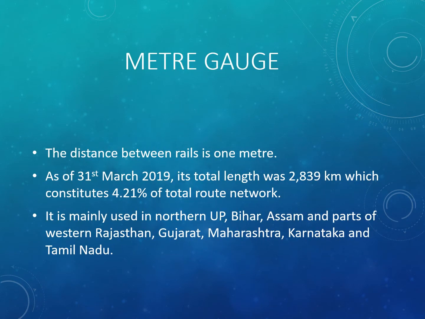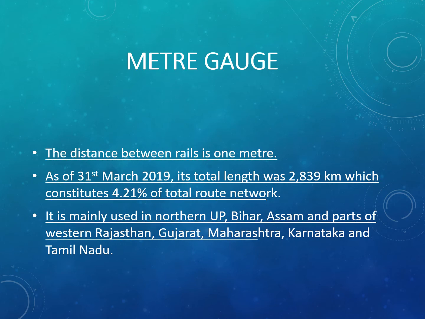So far, all the information shown is related to broad gauge. Now coming to meter gauge. In meter gauge, the distance between two rails is 1 meter.